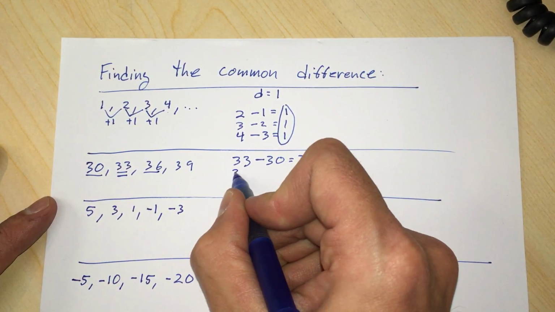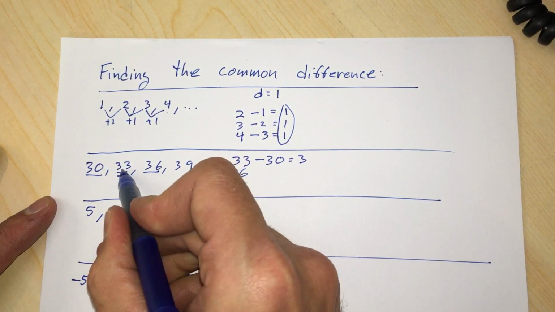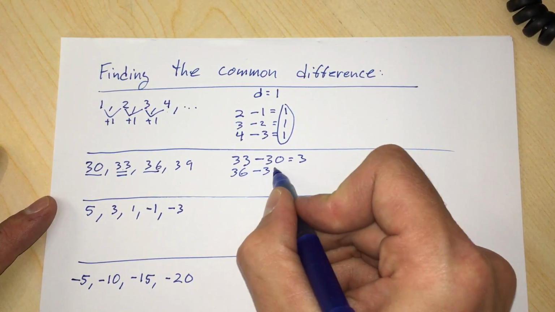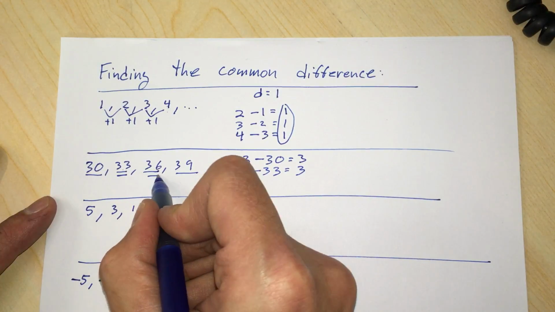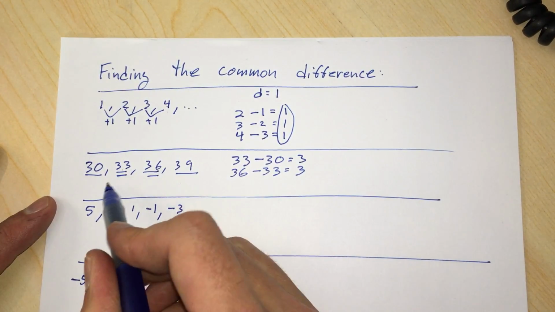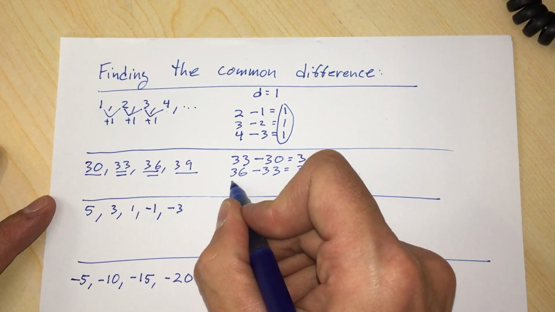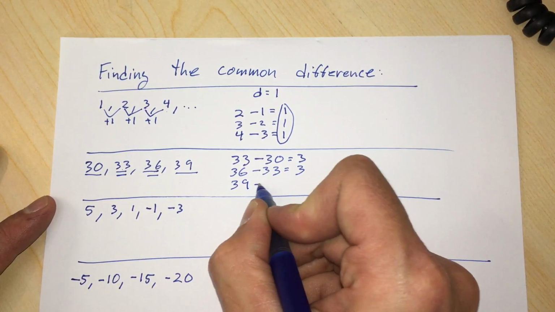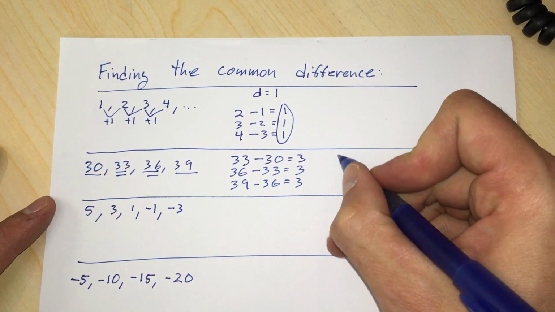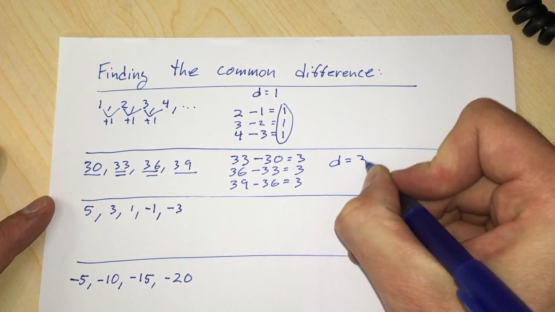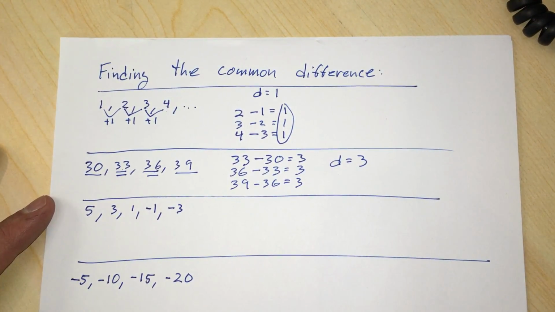So we've got 36, and we subtract the last one, minus 33. And so we've got 3. Then we're going to take our last one and subtract the one right before it. So every single time we're subtracting the one right before it. So 39 minus 36 equals 3. And so our common difference, or d, equals 3. Okay?